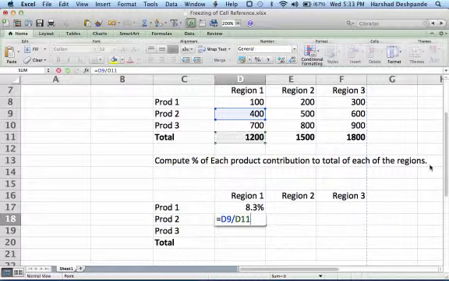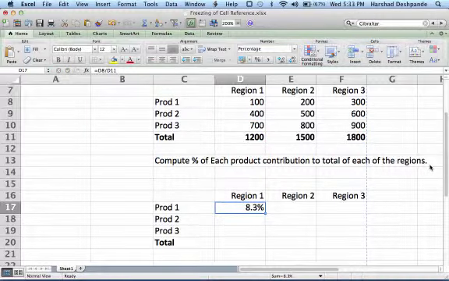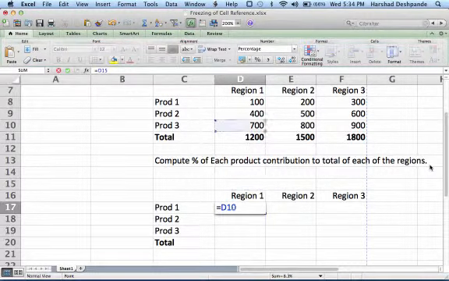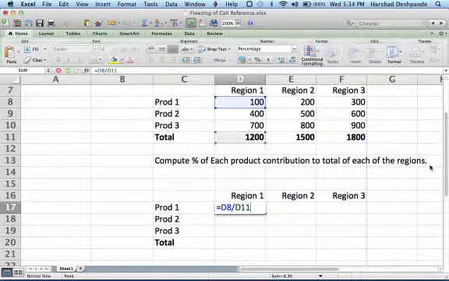Now if we have same denominator every time, we can actually freeze the reference of this denominator in a specific way. So how do we do it? While you do this computation, you say 100 divided by 1200. By performing this computation, you see in the denominator 1200 is going to get repeated.